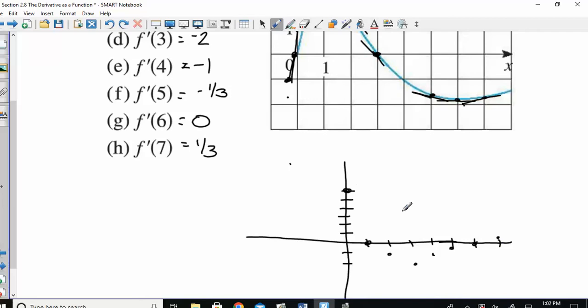And 7, +1/3. So my graph is something along those lines. It should be curved. We didn't have any sharp corners or anything, so it should look something like that. Any questions on that one?